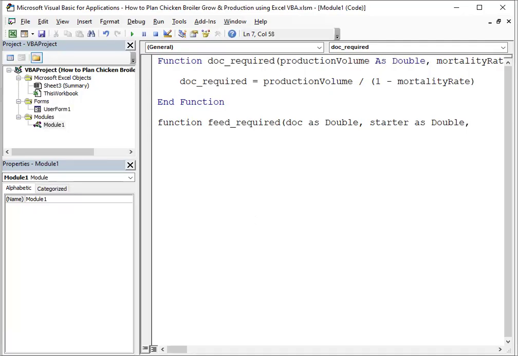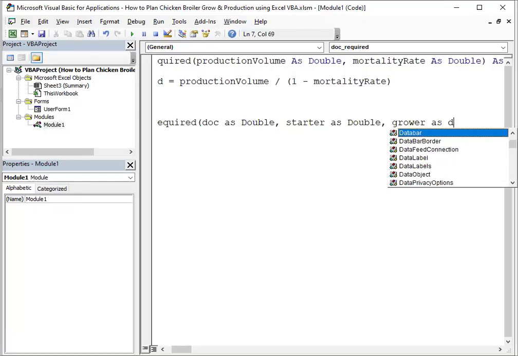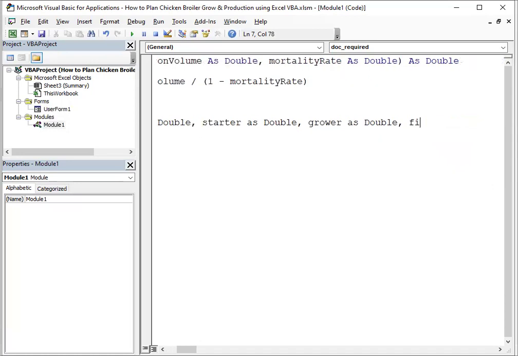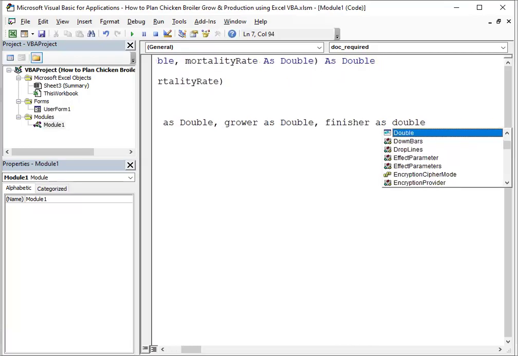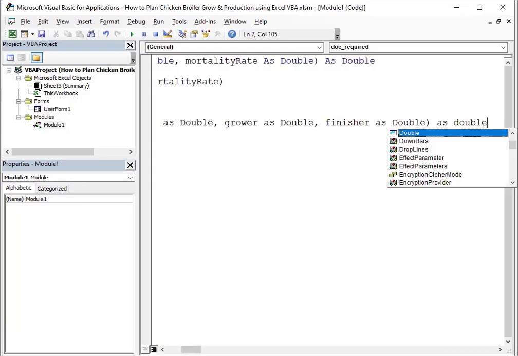Then, of course, grower as double. Then finisher, of course, double again. All of these are double.